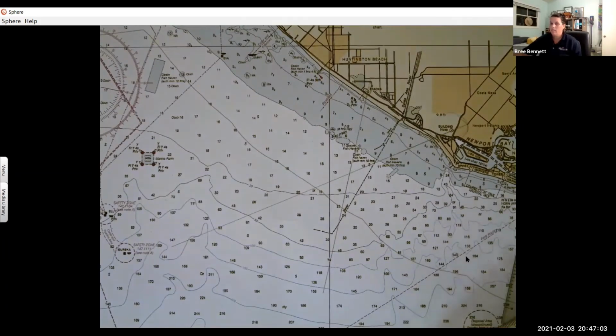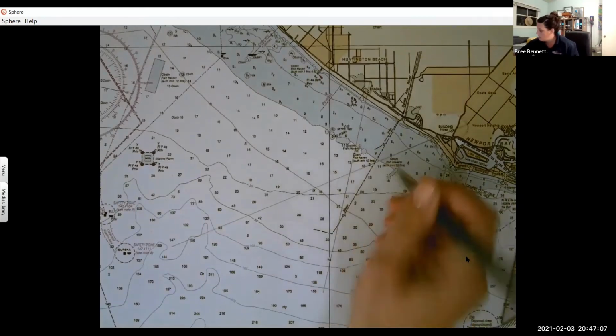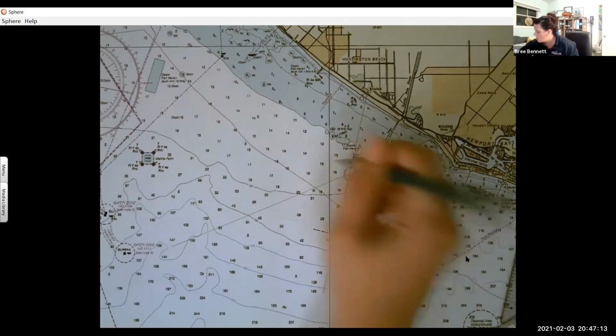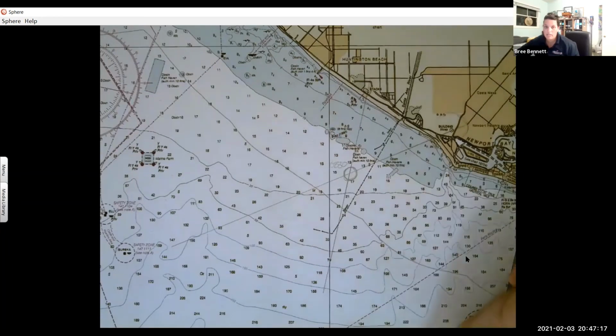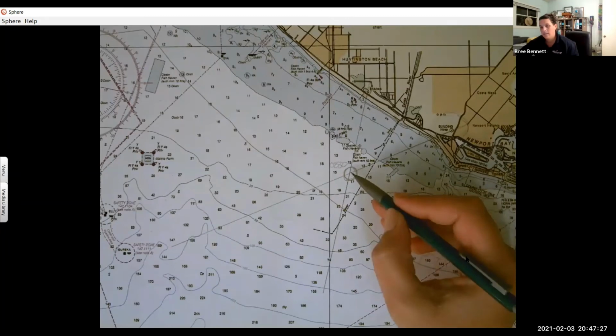Okay. So with these two lines of position, I can say here is my 0830 position. So if at 8:30 I got 2 LOPs, and I could plot those LOPs, say this is where I am.